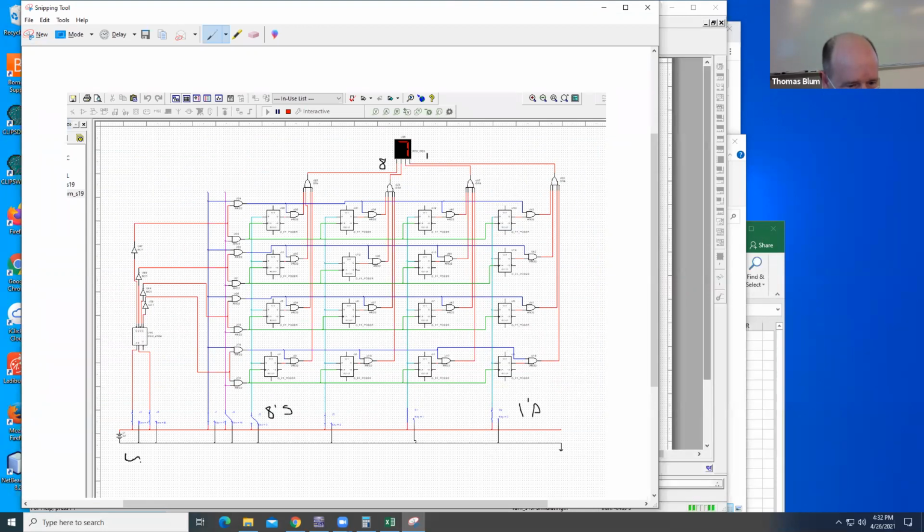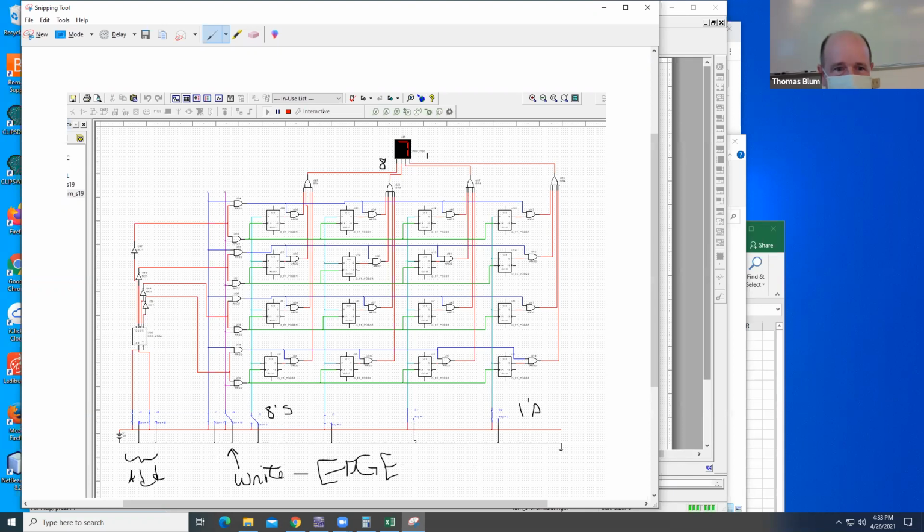This is the address. This is the write. It needs to go through an edge. And so this is the data.